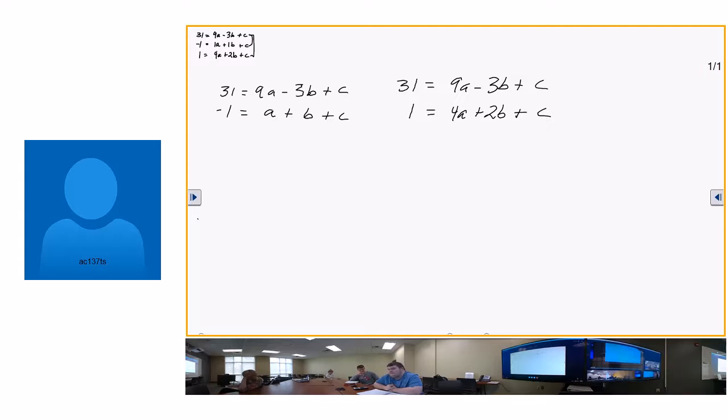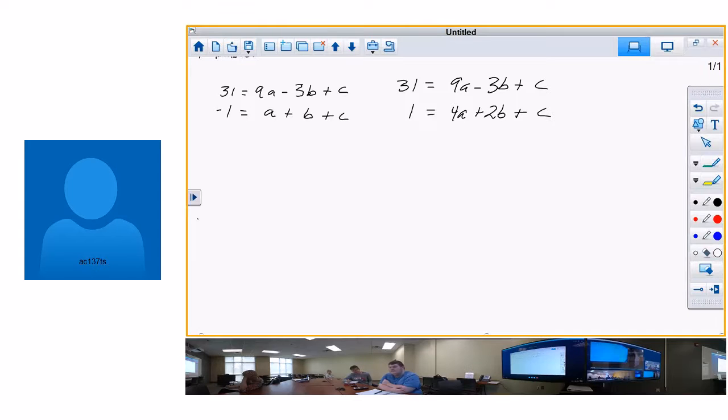Now, we've covered solving systems of equations. So we're looking for a negative and a positive, and I only see 1 negative and 1 positive, and that's with the B's. So I'm going to multiply. Now, y'all can make it harder if you want to, or if you see an easier way.